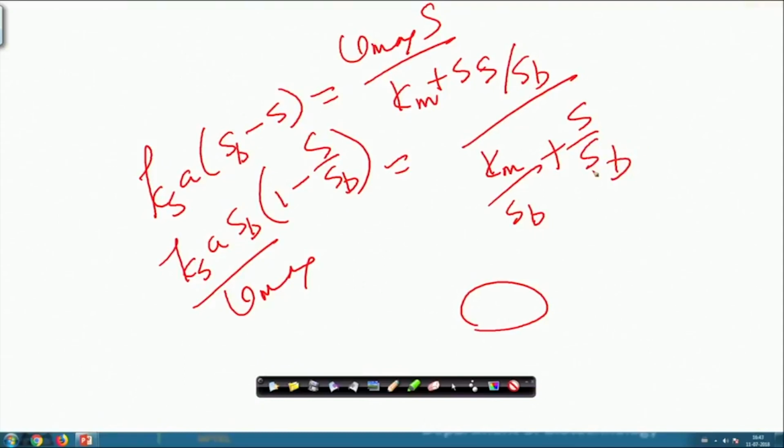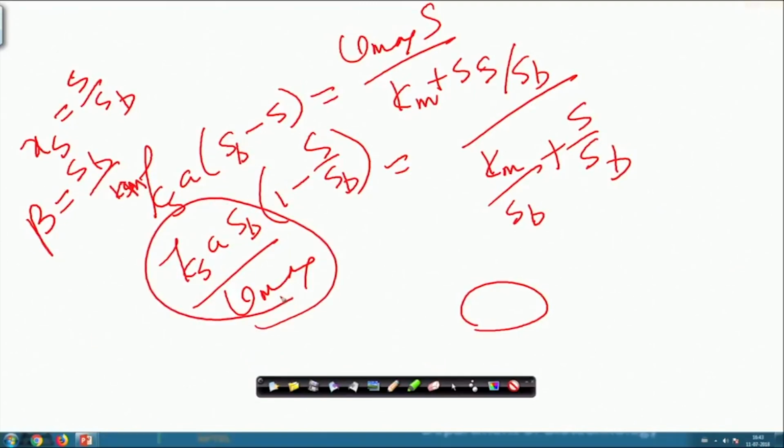I can take 1 by Sb common. So if I assume Xs equal to S by Sb, and beta is equal to Sb by Km, and Da we know as the Damkohler number.